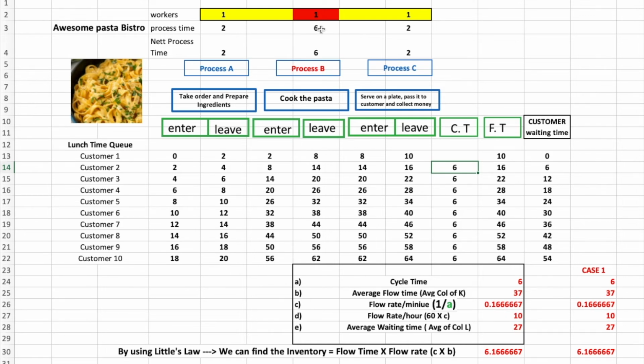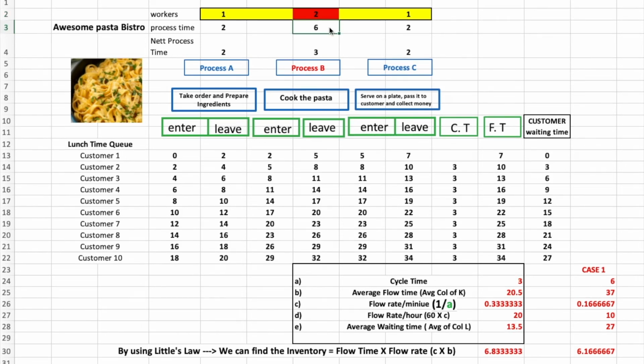So we remove the bottleneck. Let's add one more resource here. We put one more worker or a chef with one more wok. Enter. Everything improves. Now you can see the cycle time has improved. From 6, it went down to 3. So it's a 100% improvement.